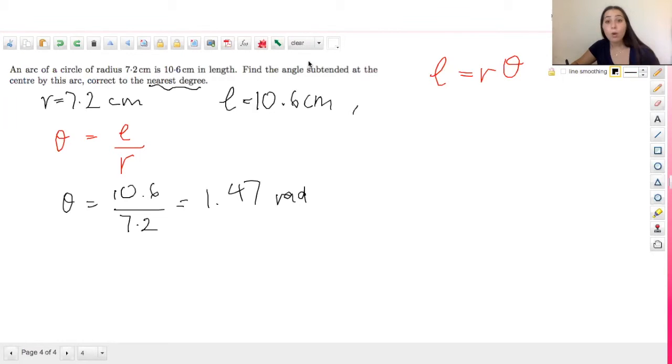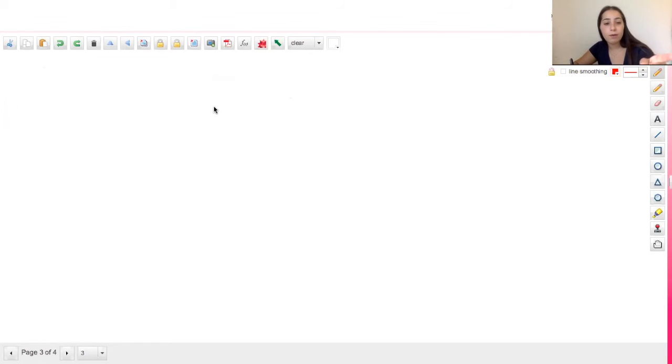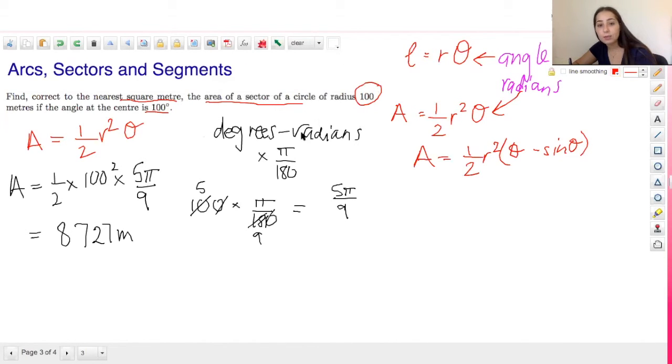So what must we do now? We look at the question and it asks to find it to the nearest degree. So we're not quite there yet, we now have to convert from radians to degrees. To convert from radians to degrees, you just simply do the opposite. Before, to convert from degrees to radians, we multiplied by pi on 180.